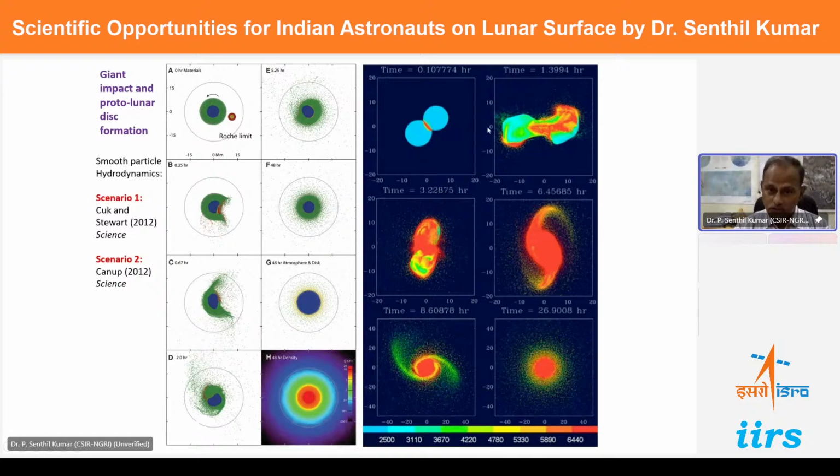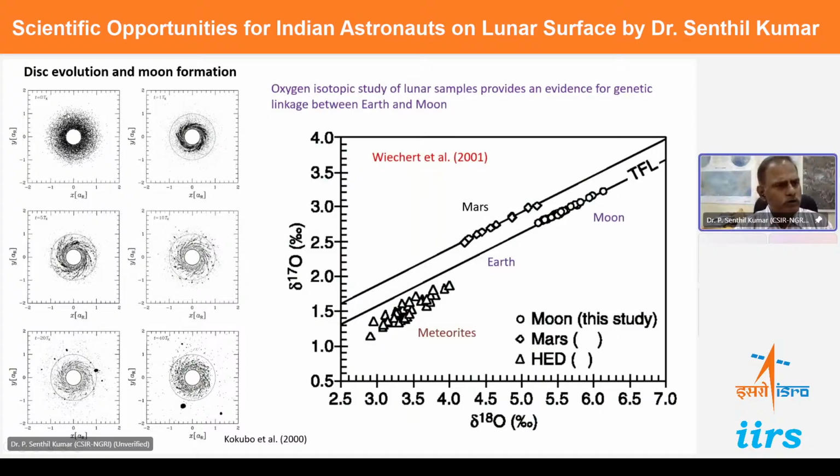In the same way, you can also produce an impact between two equal-sized bodies. The moment you produce debris by these giant impacts, a huge amount of this debris goes back and accretes to Earth because of its gravitational influence. And whatever material is left beyond the gravity field of Earth comes together and forms the Moon.